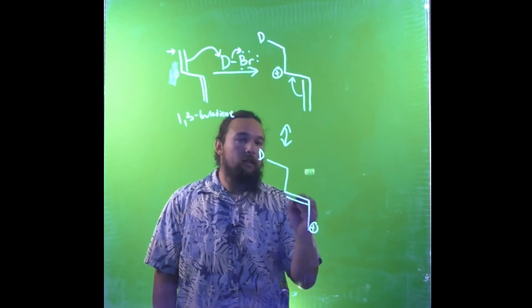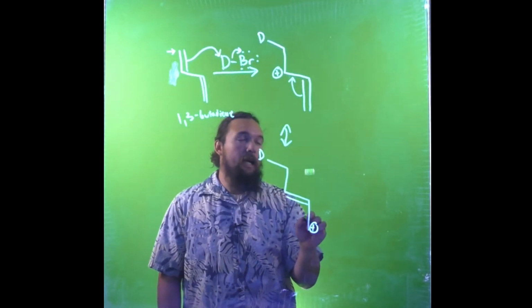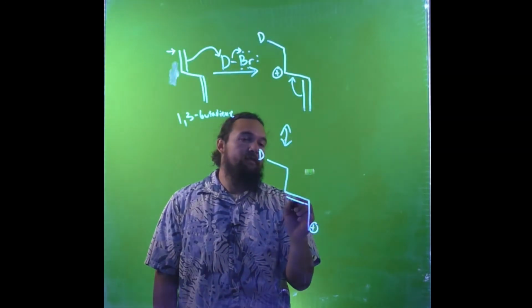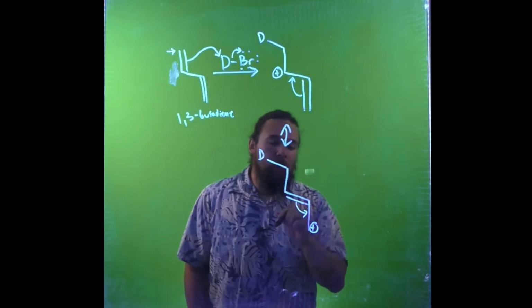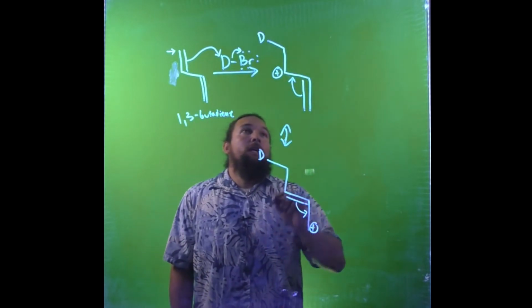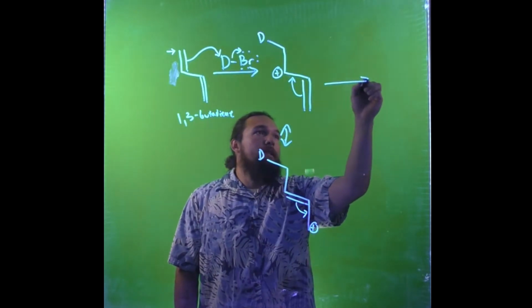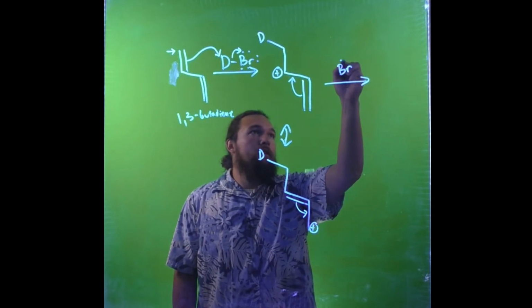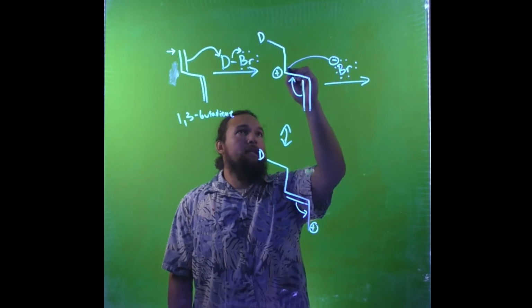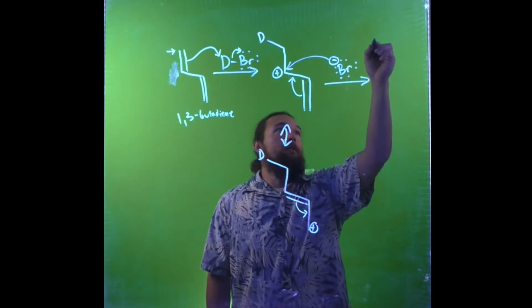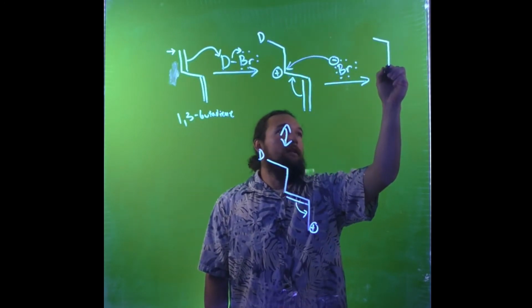And that does put a primary carbocation here, but once again, due to the fact that it's resonance stabilized, we can move this down and it can go back up there, so it can happen. Now, what happens is the bromide will come in and can attack at this carbocation position, which would give us this product here.